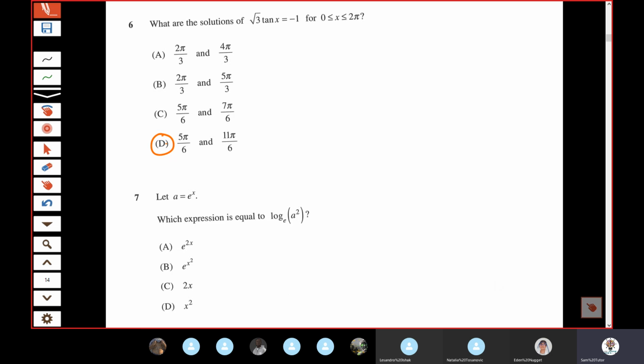Yep, I'm happy with D. Careful. No negative, right? The negative tells you all stations to central.